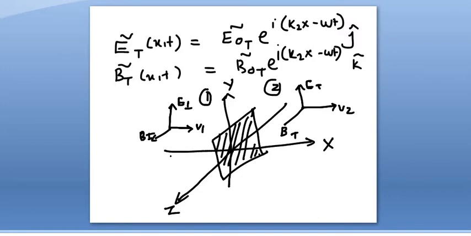A reflected wave has been hit by a mirror, so it will have the opposite direction. So V1 will be in this direction, EI will be in this direction, and BI will be in this direction. I hope you realize that when you reverse this expression, you will get it like this.